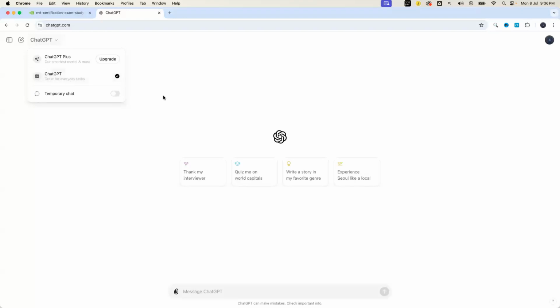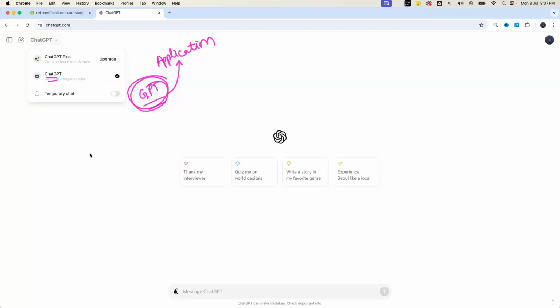So we can call this ChatGPT an application, and the model that is powering this ChatGPT application is a GPT model. Okay, GPT is one type of model that we have got.